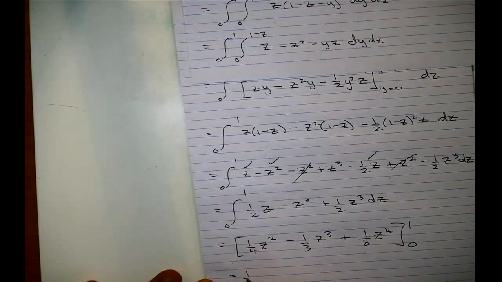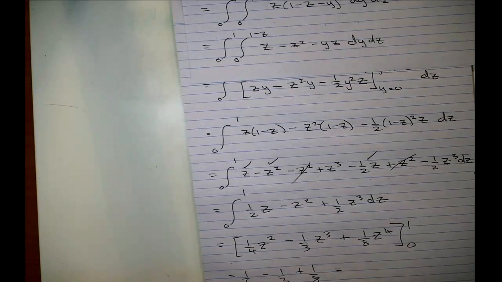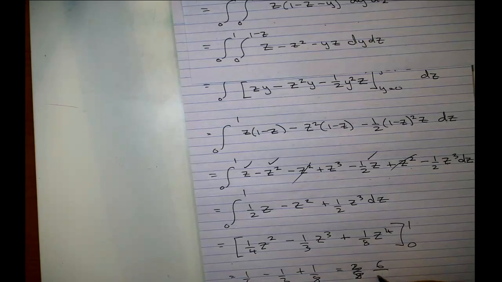So essentially you get a quarter minus a third plus an eighth, which is, oh, I can't use 8. What do I need? 24, don't I, with the 3. So what's that?